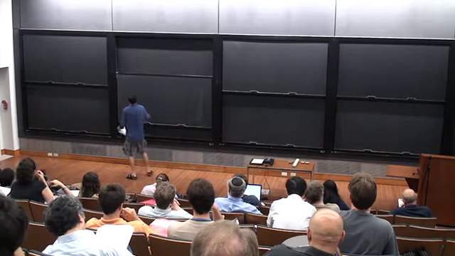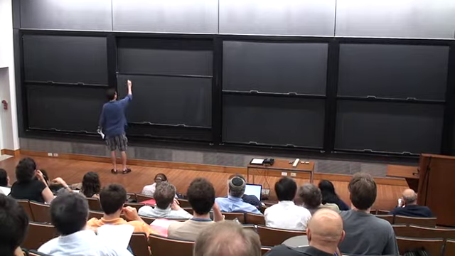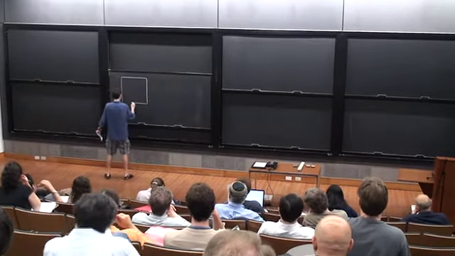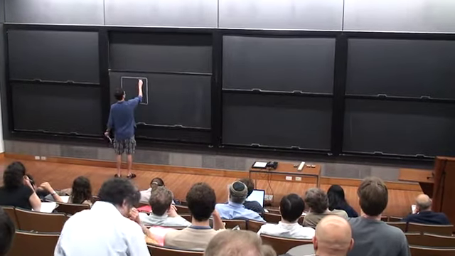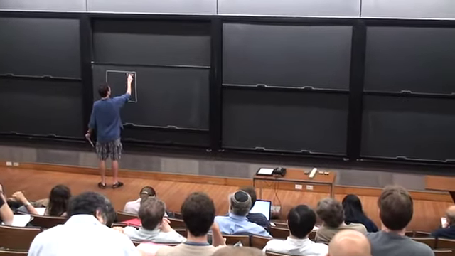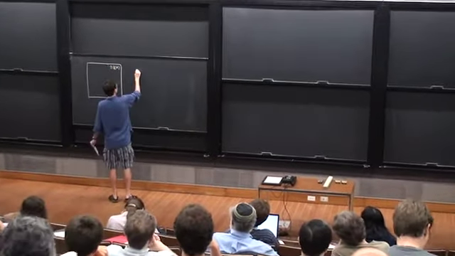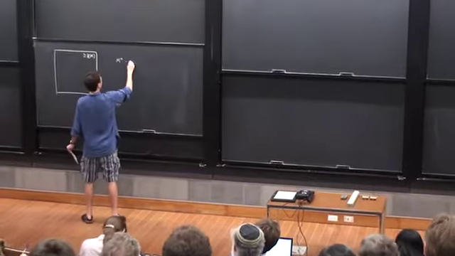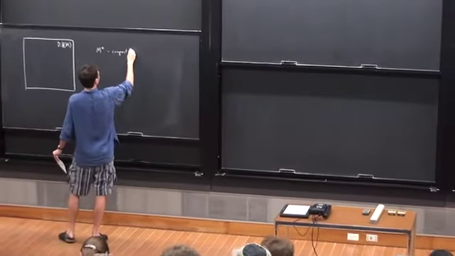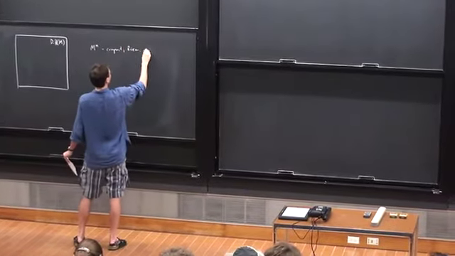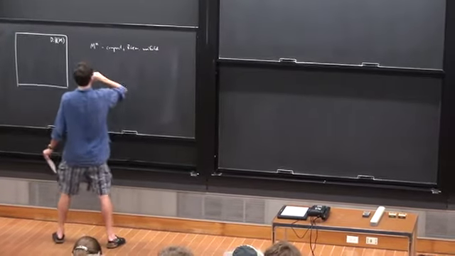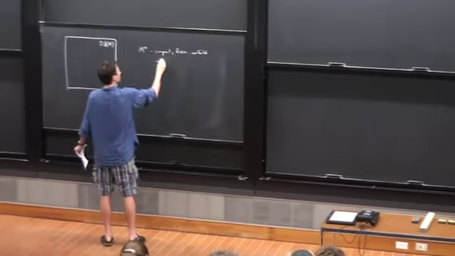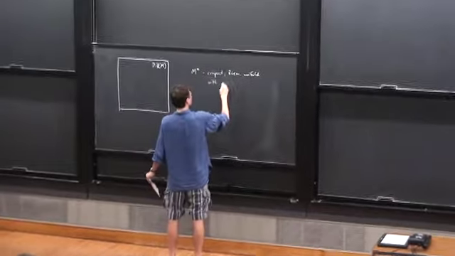So let's imagine that this represents the group of diffeomorphisms, Diff(M), where M is a compact n-dimensional Riemannian manifold. And I assume that it has some Riemannian volume form, which will be fixed.